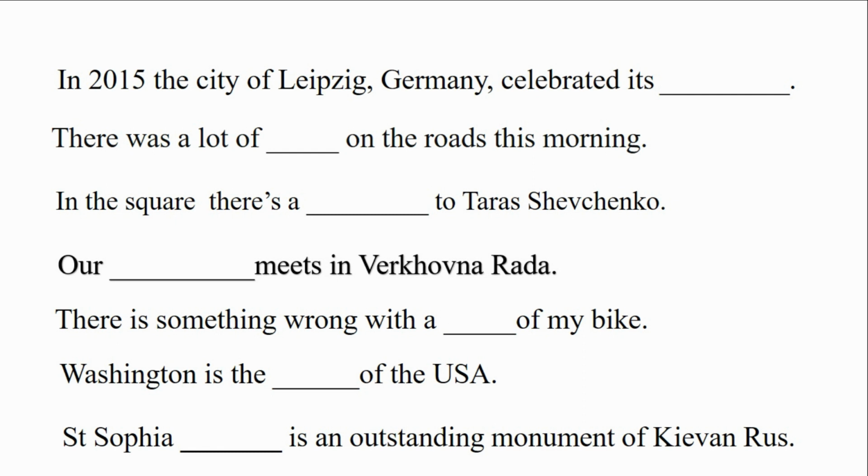On the screen, there are sentences in which some words are lost. And now I suggest you think and complete the task. Listen carefully and write down your notes. In 2015, the city of Leipzig, Germany, celebrated its millennium.